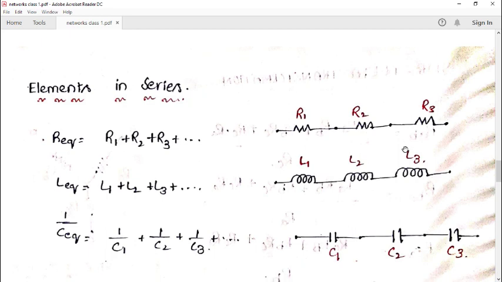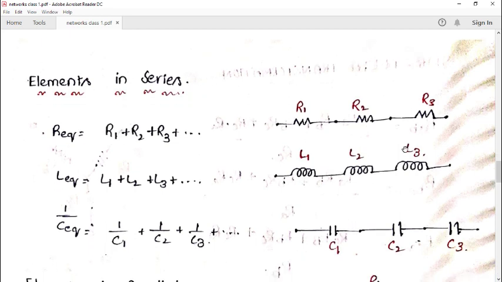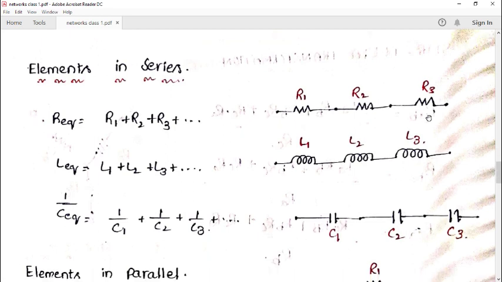Now let us discuss what is series connection and what is parallel connection. When elements are connected in this manner, so one end is connected to another element, and the second end of that element is connected to another element, then it is called a series connection. The equivalent resistance of resistors when they are connected in series can be given as R equivalent is equal to R1 plus R2 plus R3.